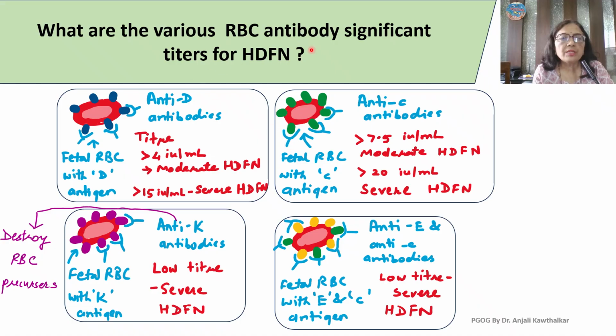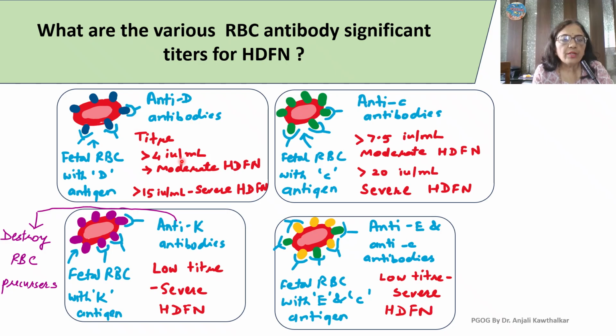What are the various RBC antibodies with significant titers for HDFN, hemolytic disease of fetus and newborn? For anti-D antibodies, this is the D antigen on fetal RBCs and these are the anti-D antibodies.